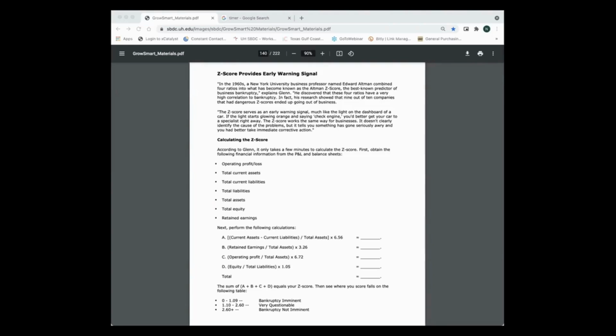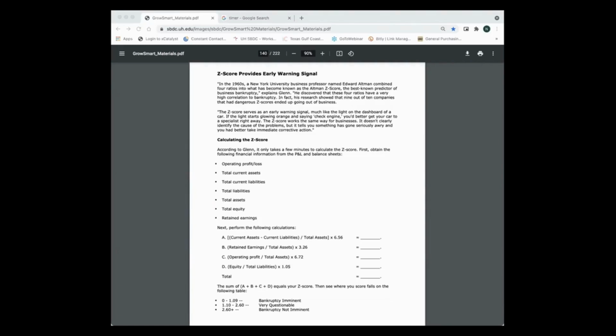So this Z-score is essentially your business credit score. Every bank in the country that I know of calculates something very similar to the Z-score in making a lending decision. So Wells Fargo might call it their Wells Fargo business credit score. Bank of America is going to call it their BOA number. I don't know.